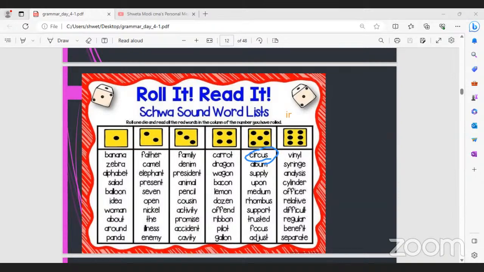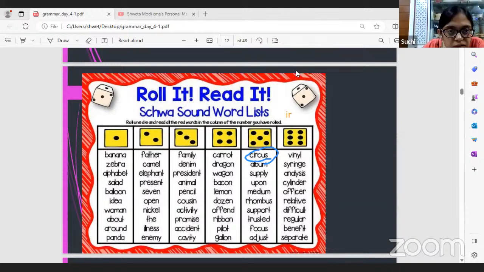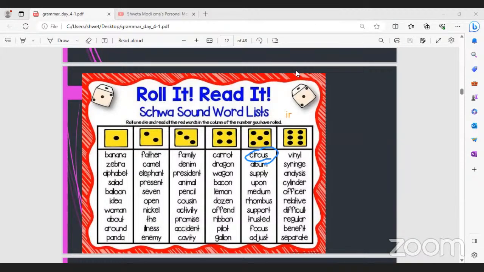So roll the dice again, and type the number which comes. Where is Varsha? 2. Okay. Whom shall I pick? Suchi. Read the first word and tell which of the vowel is schwa. Father. So all of you find it out on Google.